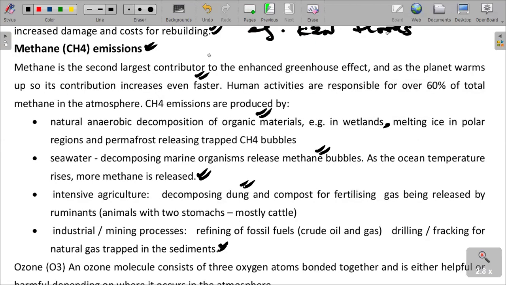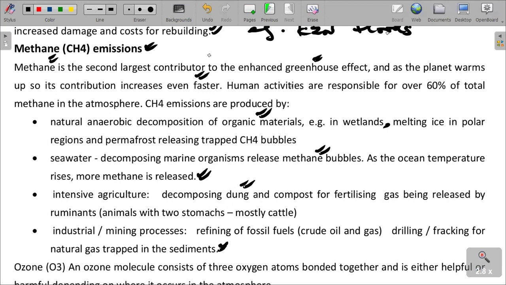and then we can have the livelihoods of citizens negatively affected. And then methane emissions is one other thing: methane is the second largest contributor to enhancing the greenhouse effect. And as the planet warms up, its contribution increases even faster.